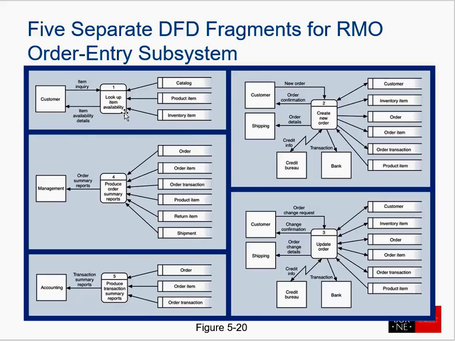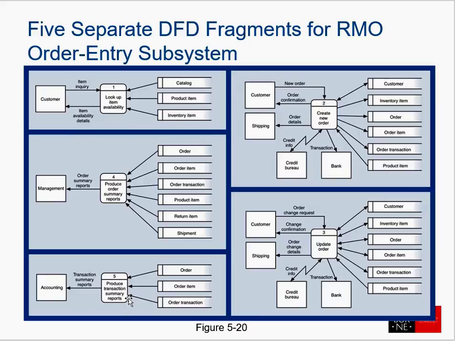The first one is searching item availability, or lookup item availability, as we discussed. Then we have the create new order use case. Then we have the update order use case. Then we have produce order summary reports. Then we have produce transaction summary reports.